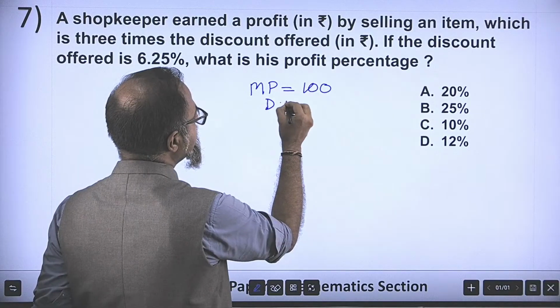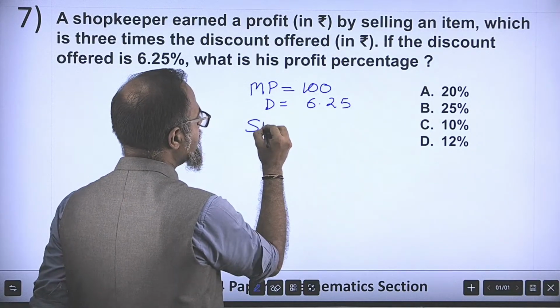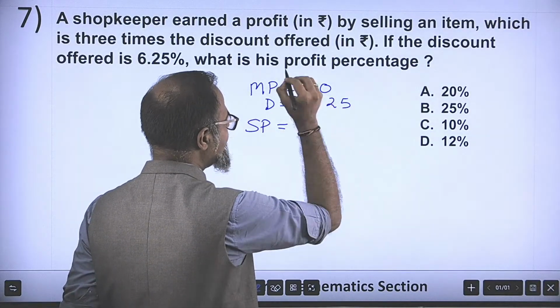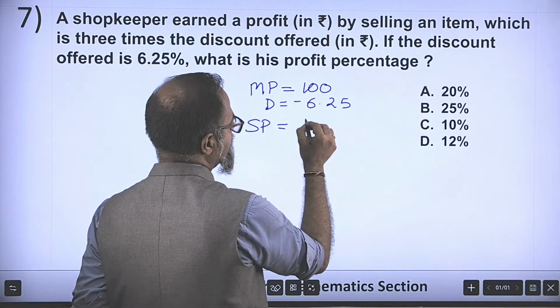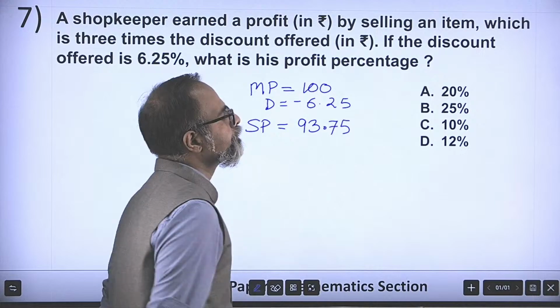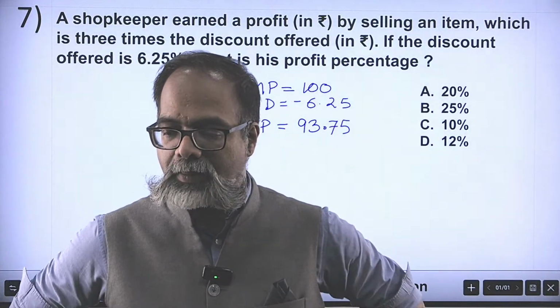So, when I know that the discount offered is 6.25%, it means if my marked price is 100, then I get a discount of 6.25 and my selling price is now 100 minus 6.25, which is equal to 93.75, right? 93.75 is supposed to be the price.